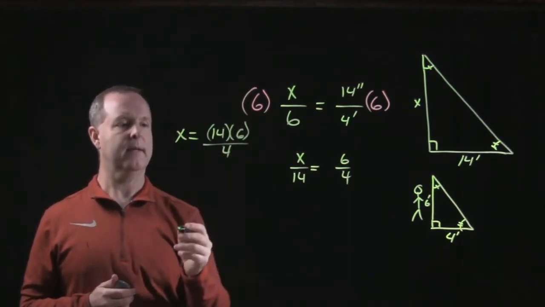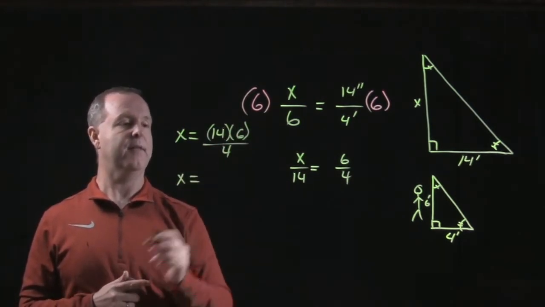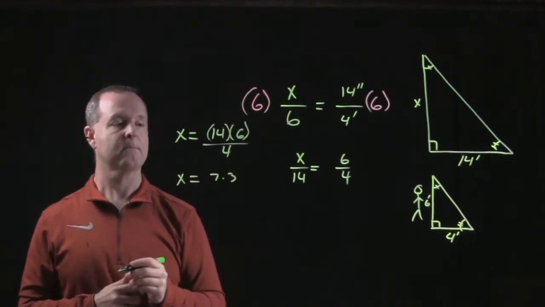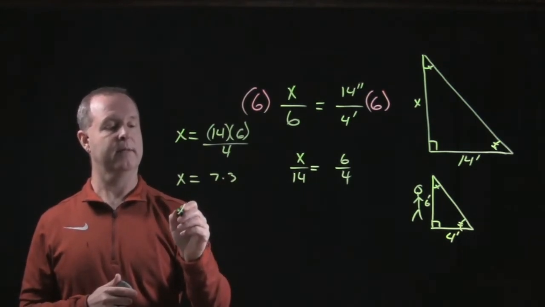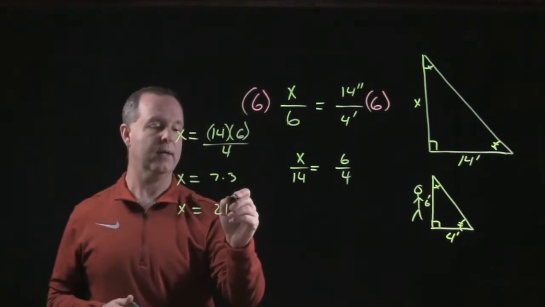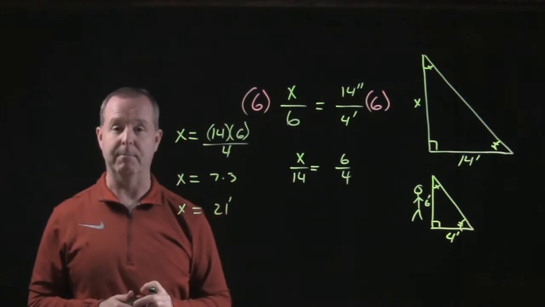Working that through, I can take a 2 out of both sides and divide through, so I can make that 7 times 3. And then what's left is X equals 21. 21 feet is how tall that lamppost is.